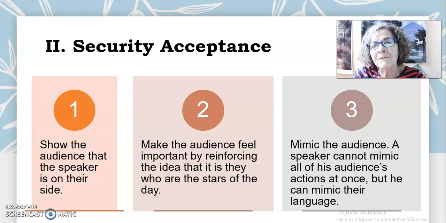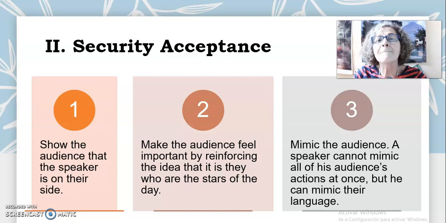Step 2, securing acceptance. How? In three very easy steps. Number 1, show the audience that the speaker is on their side, that you are showing empathy to them. Number 2, make the audience feel important by reinforcing the idea that they are the stars of the day, that they are very important to you in that particular moment.